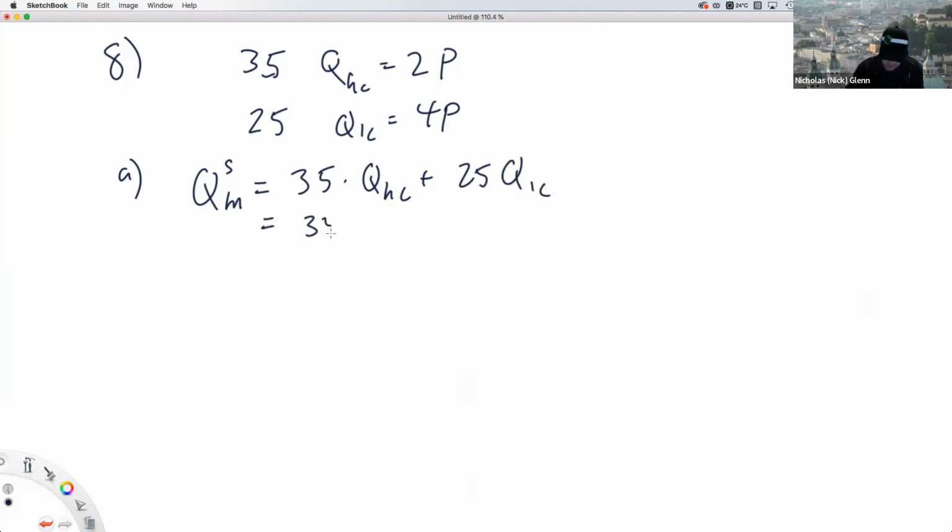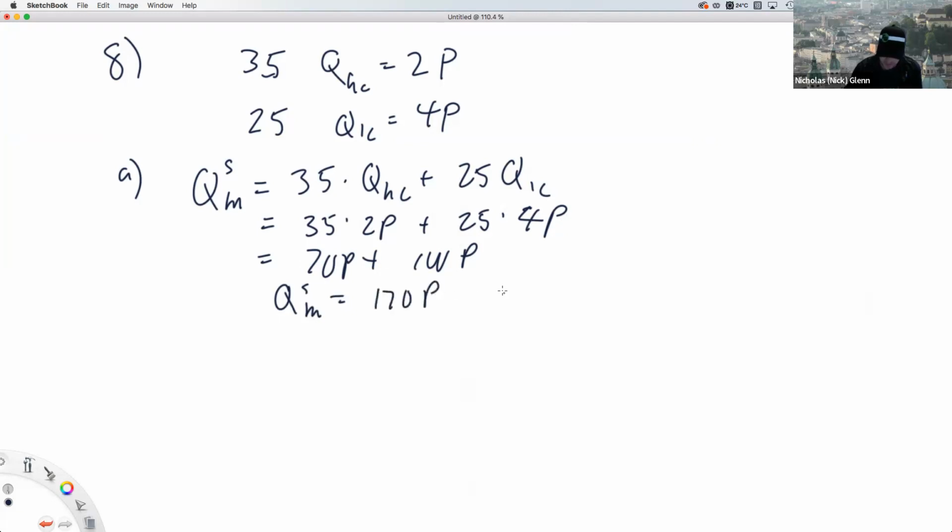That's 35 times 2P plus 25 times 4P. That's going to give you 70P plus 100P. So the market supply is defined by 170P. For each increase of a dollar, the industry is going to produce 170 more hot wings.